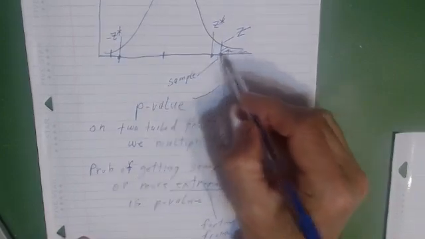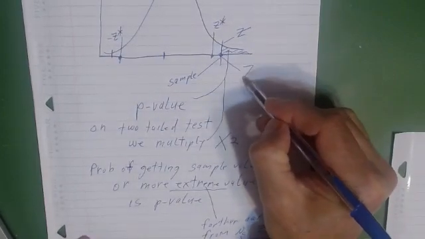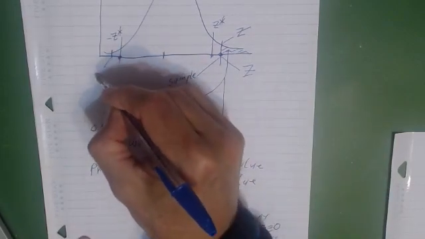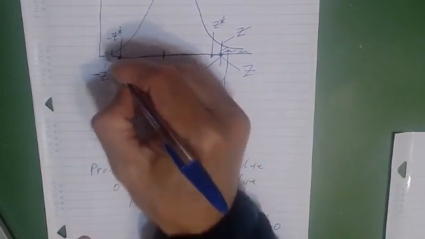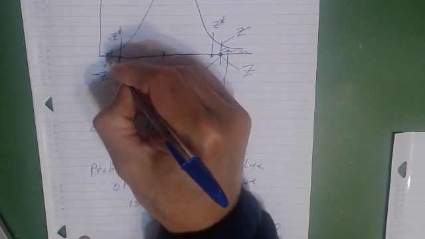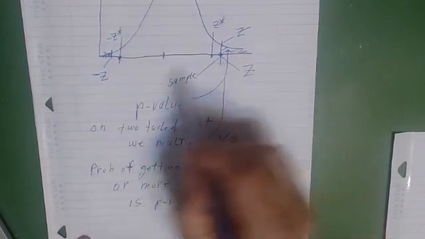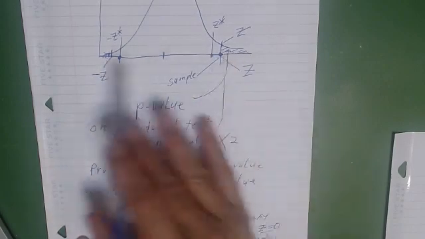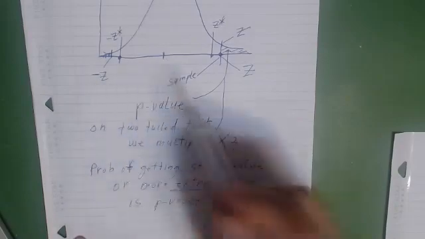So whatever sample this z value is, this would be minus z, right? I didn't draw that symmetrical, but this should look just like this does on the other side.